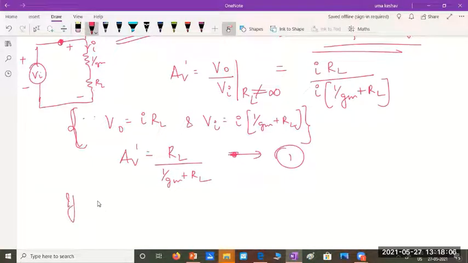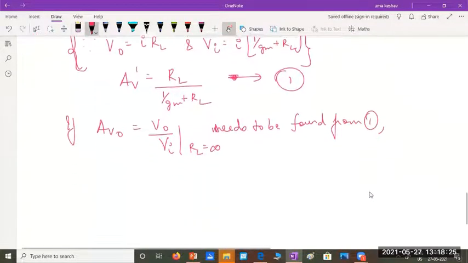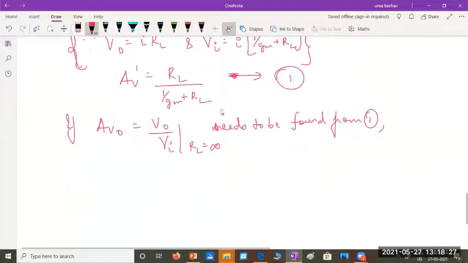AV naught, with RL equal to infinity, needs to be found from equation 1. What do you get? Now from this, can I make RL infinity and find AVO?